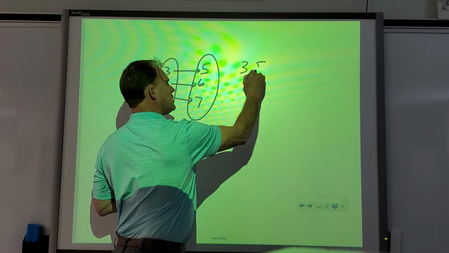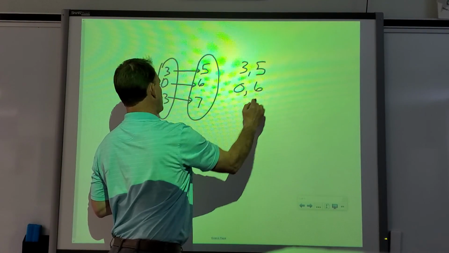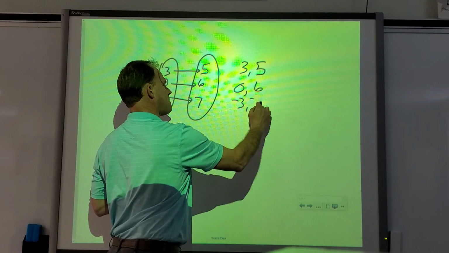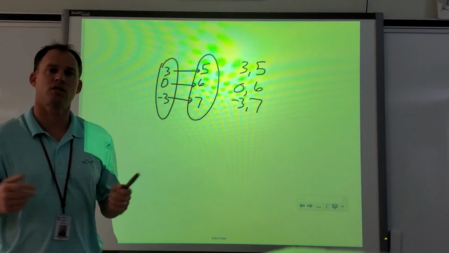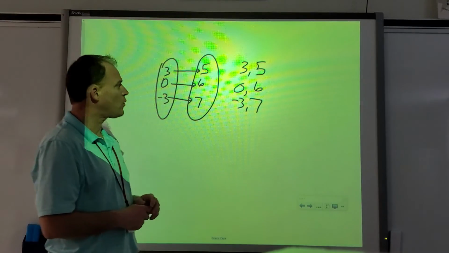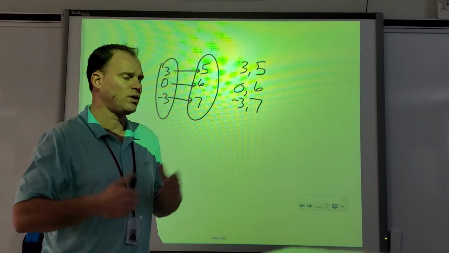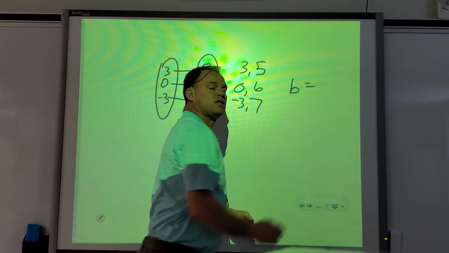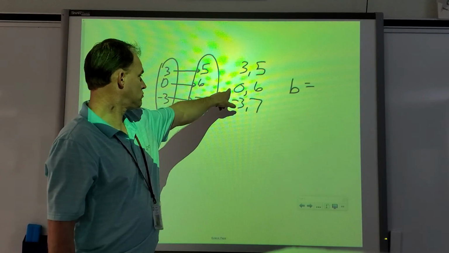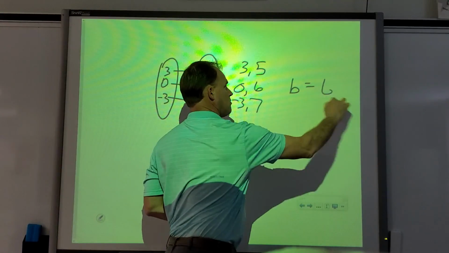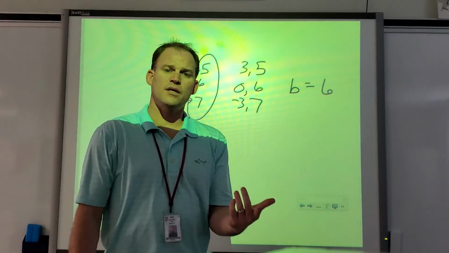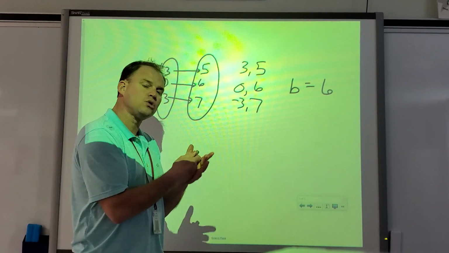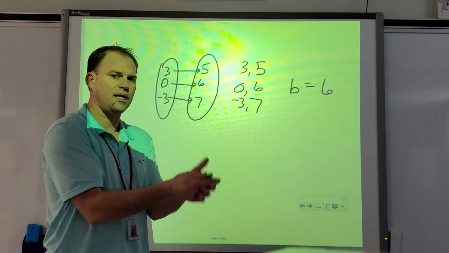It's just another way to write a coordinate. It's called a mapping. It's just another way to give you information. So right away, you should be looking at this problem going, oh, I know what the y-intercept is. What's the y-intercept? 6. All right, and then how am I going to find the slope? Because I always need those two pieces of information. I need a slope and I need a y-intercept.